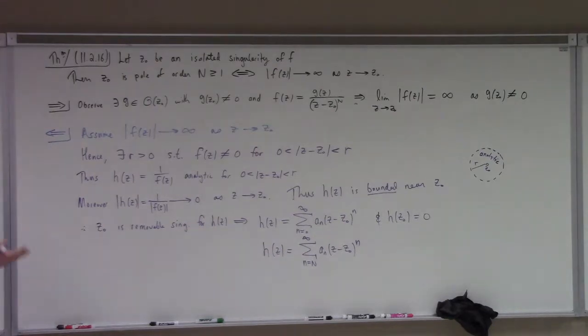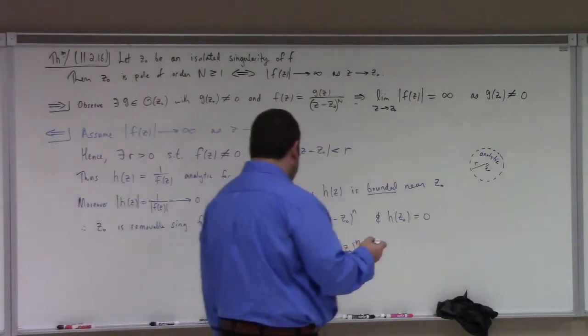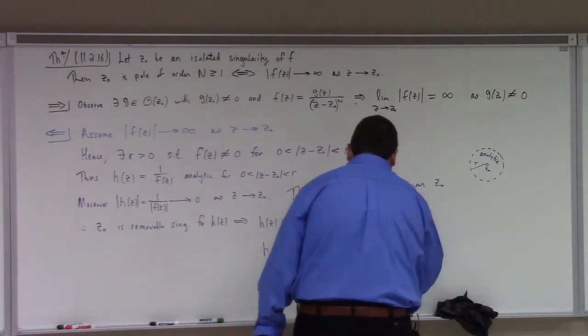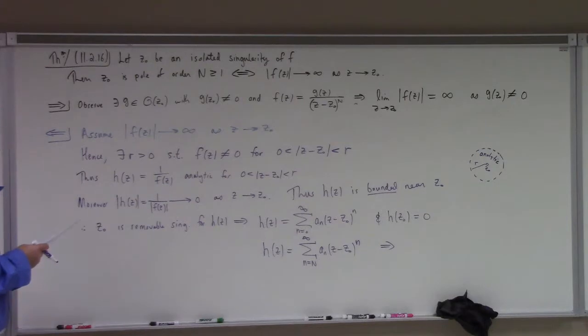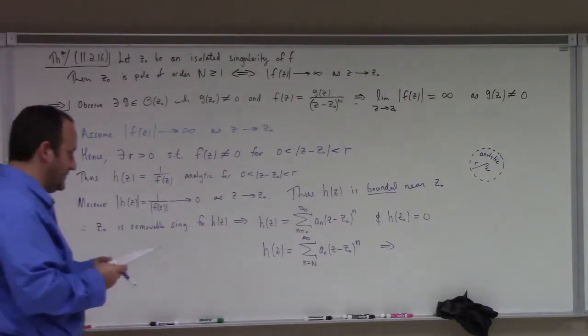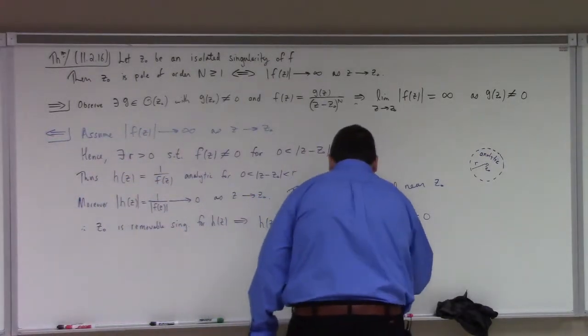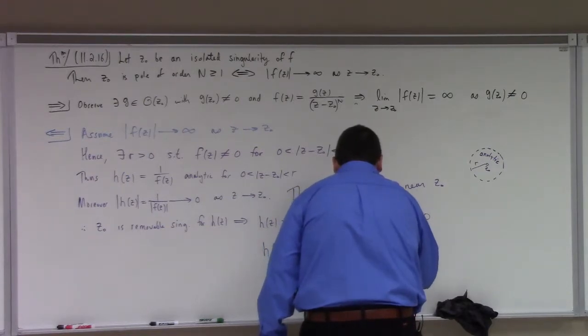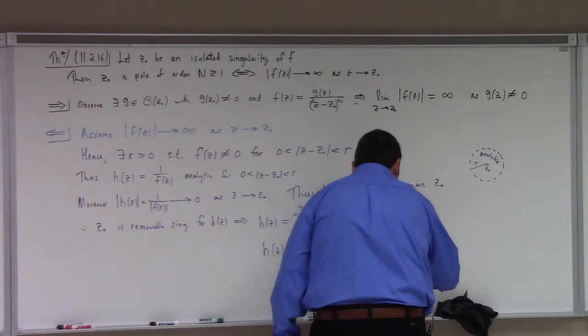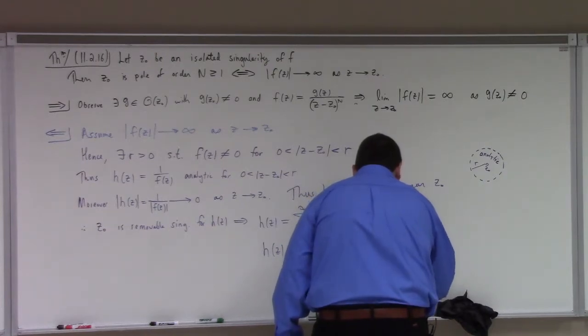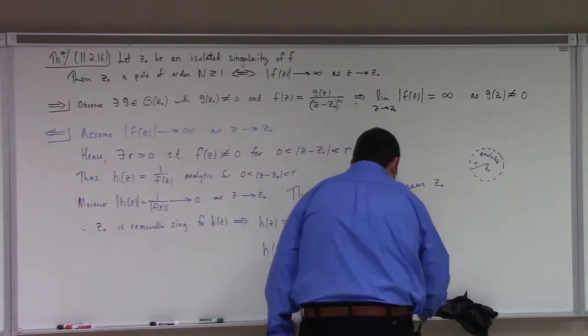And so what does this give us? I should probably rewrite this a little bit. This is really z minus z naught to the n power times b of z, where b of z naught is not equal to 0, right?